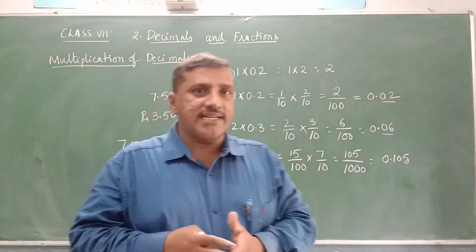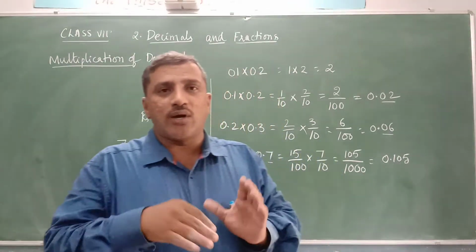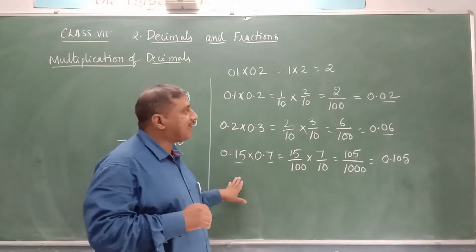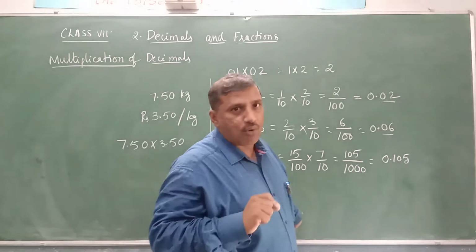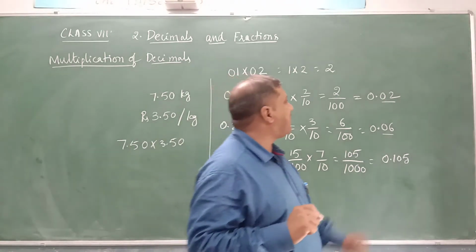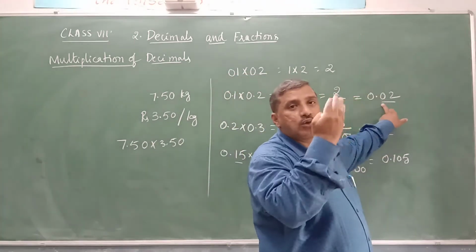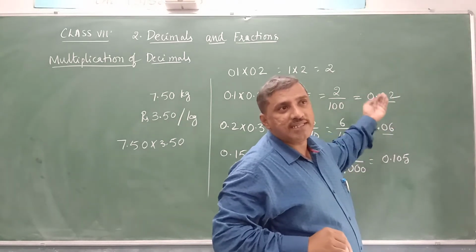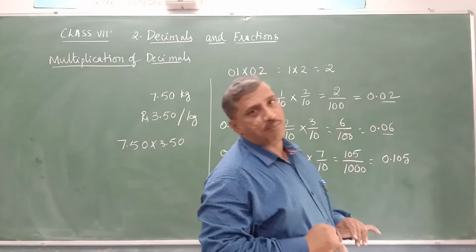Count the number of digits after the decimal point and find the total. Then put the decimal point in the product after those many digits from the right side.